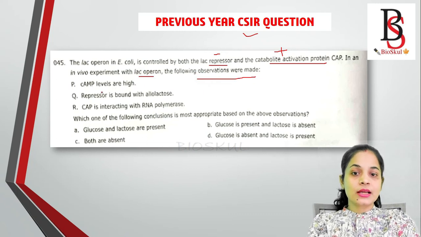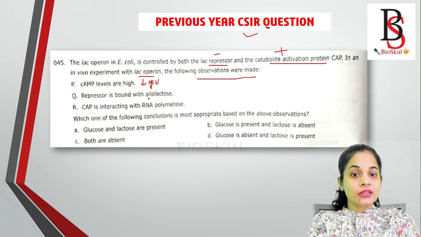Let's see the options. Cyclic AMP level is high. Cyclic AMP level high means the glucose level is low, or glucose is absent. Repressor is bound with allolactose. Here the allolactose is present, the inducer is present. That means lactose is present in the media.